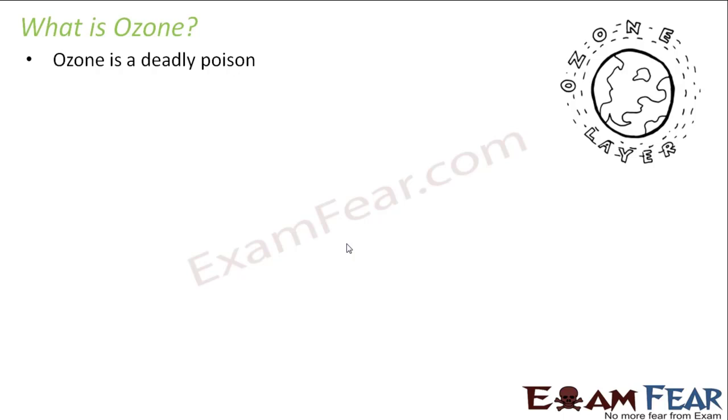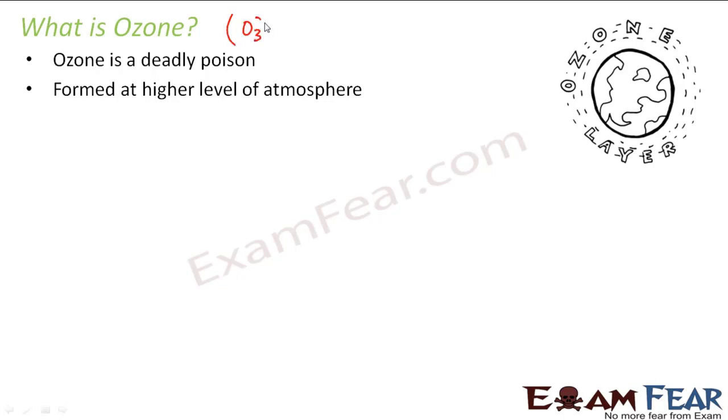So for us, the ozone layer is a protector, right? This ozone is formed at higher levels of the atmosphere. When we talk of ozone, ozone is written as O3. What is O2? O2 is nothing but molecular oxygen, right? So O3 is ozone. Now how is this ozone formed?